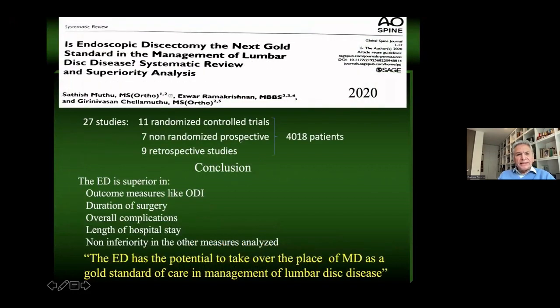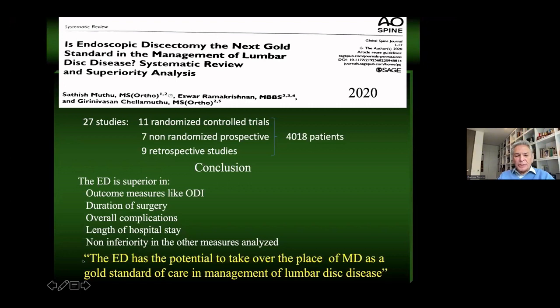And in 2020, this study with 27 studies, 11 randomized controlled trials, 7 non-randomized prospective, 9 retrospective studies in 4,000 patients. The conclusion was the endoscopic discectomy is superior in outcome measures like Oswestry scale, duration of the surgery, in overall complications, in length of hospital stay, and not inferior in the other measures analyzed.